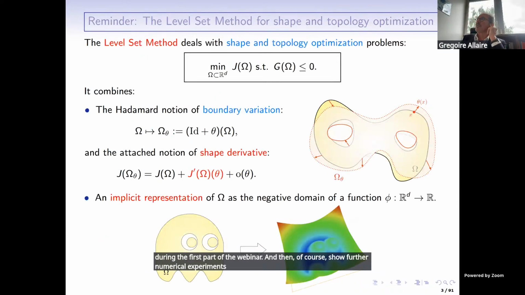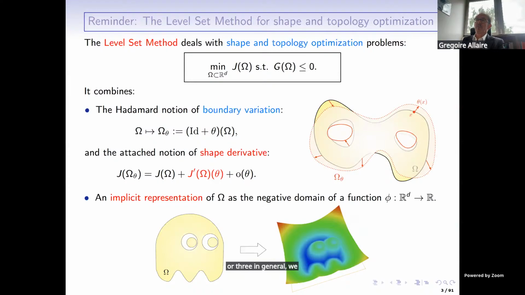So let me remind you what we discussed during the first webinar. The level set method considers a shape and topology optimization problem where the variable of optimization omega is a domain in R^d, d equal 2 or 3 in general. We compute derivatives by using the notion of Hadamard boundary variation.